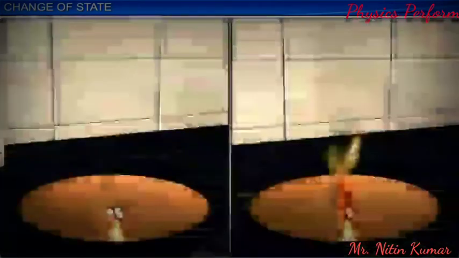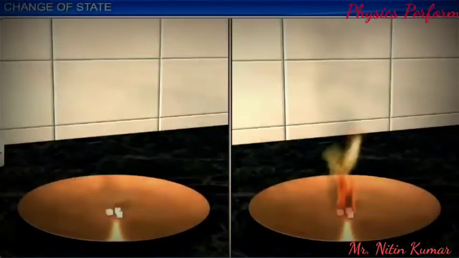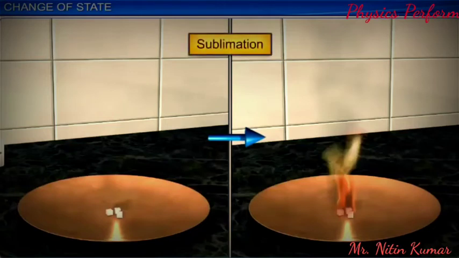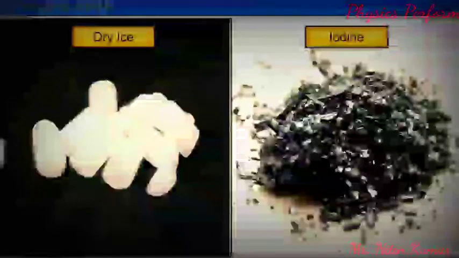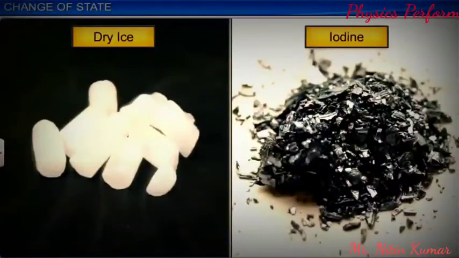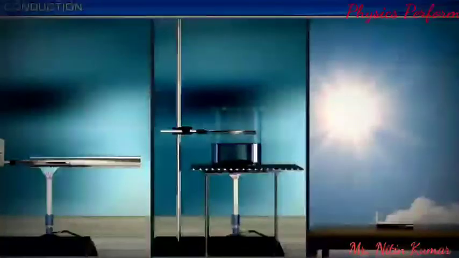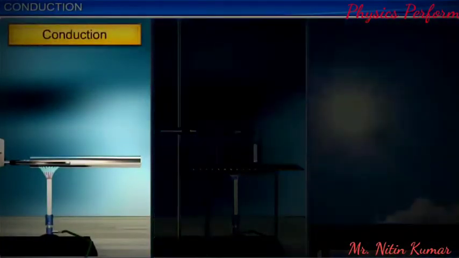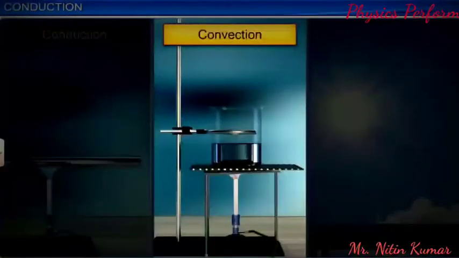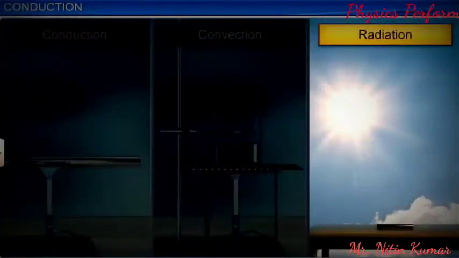This phenomenon of changing directly from the solid to gaseous state is called sublimation. Dry ice and iodine are some examples of such substances. Transfer of heat takes place in three different modes. They are thermal conduction, convection, and radiation.